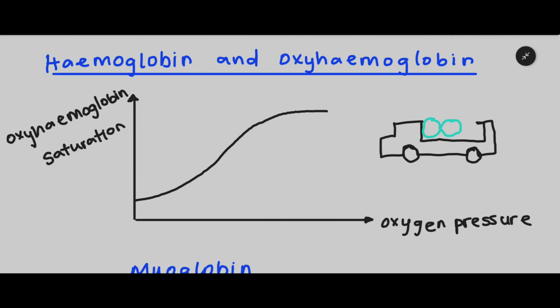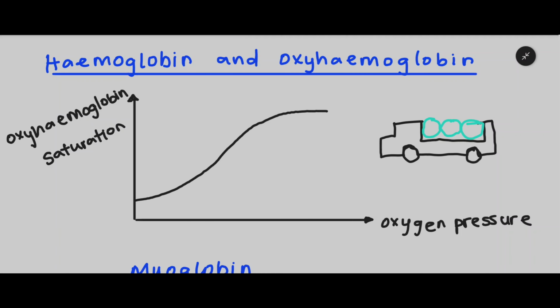So oxygen loads in from the lungs, and then when it gets to the working muscle, the truck unloads those oxygen molecules into the muscles. We want this truck to be really efficient so that once it gets to the working muscles, it can unload these oxygen molecules really quickly, right? We don't want it to be wasting time.